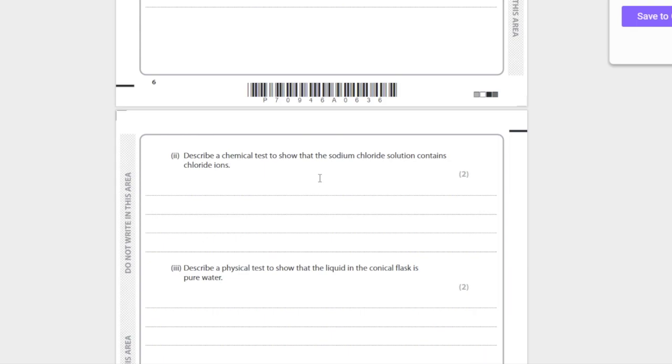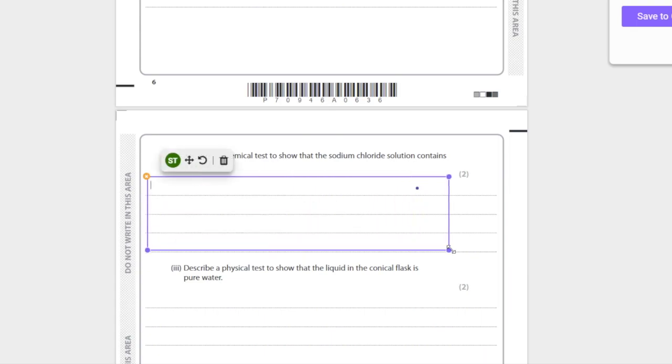Okay, describe a chemical test to show that sodium chloride contains chloride ions. Okay, chloride ions. Well, we should know that to test for chloride ions, we need to add silver nitrate. So AgNO3 solution needs to be added.